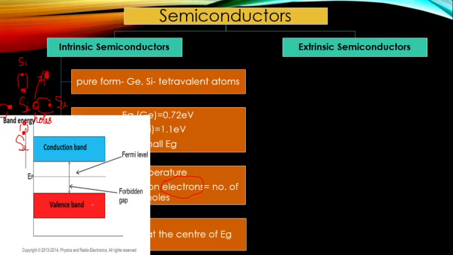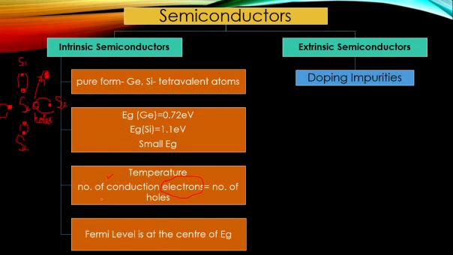So what will be the center of gravity? Center of gravity will occupy the center of the forbidden energy gap. So this is where the Fermi level would occur in an intrinsic semiconductor. The Fermi level will occupy the center of the difference between conduction band and valence band.